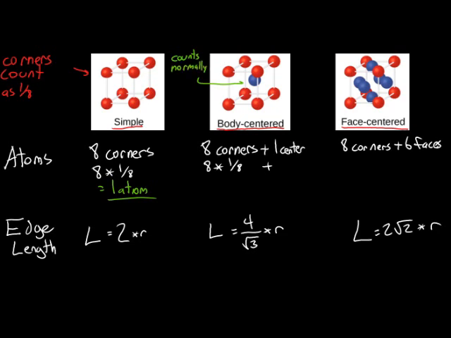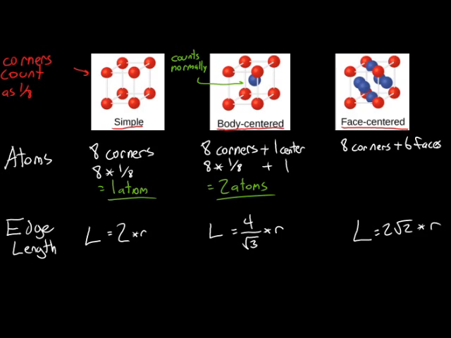We'll make no modifications to the center atom at all, and we'll just add an additional +1. So 8 times 1/8 gives us 1, plus an additional 1, meaning that there are actually 2 atoms inside of a body-centered structure. This will be the case even though it looks like a total of 9 atoms. It's really only 2. Next, we'll look at face-centered cubic structures.